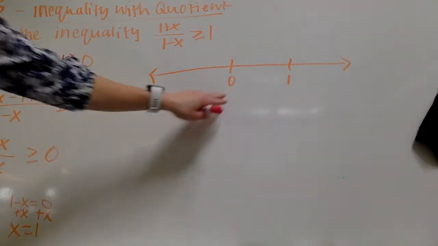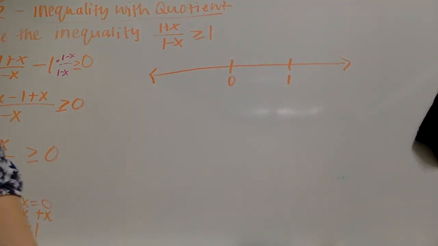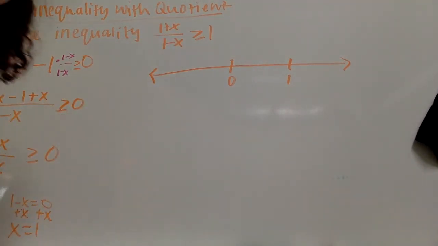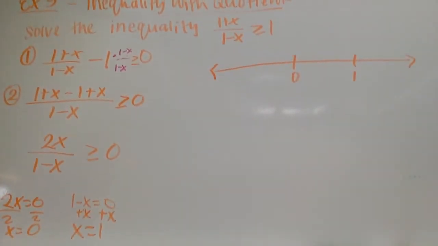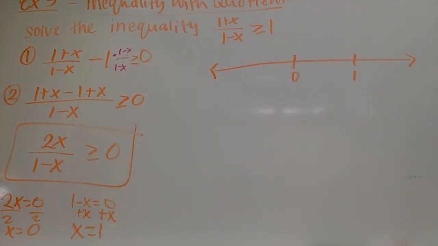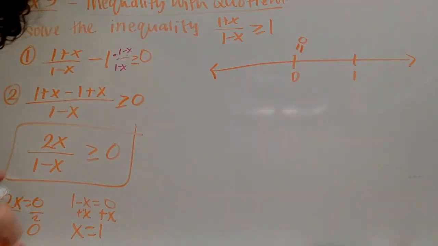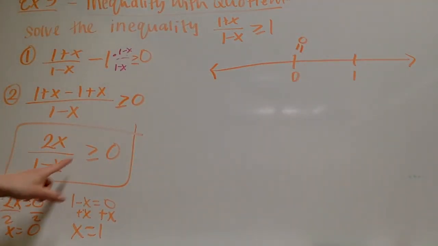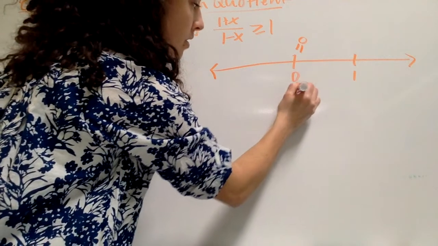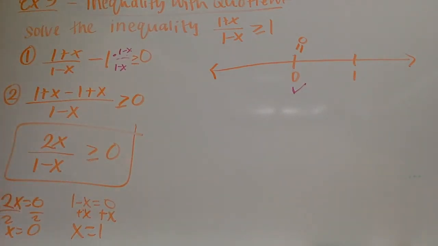And so a couple things before we get started. Remember, I like to plug in the 0 first. That one, and remember we're looking at this final answer right here, okay, to help us out. So we've got 0. When we plug in 0, on the top we get an answer of 0. It equals 0. And since our answer can be greater than or equal to 0, whatever interval works, we know that 0 needs to be included in it because it equals 0.